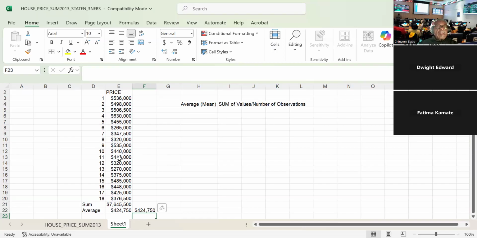You have more than one house that is 413,000. So let us look at weight, or how many observations. So I'm just going to put arbitrary 5, 15, 20, 12, 10.